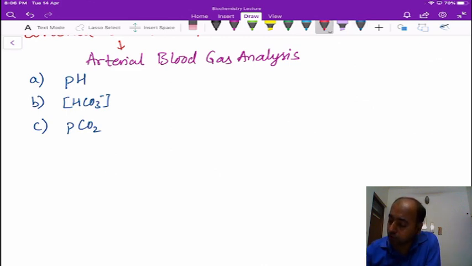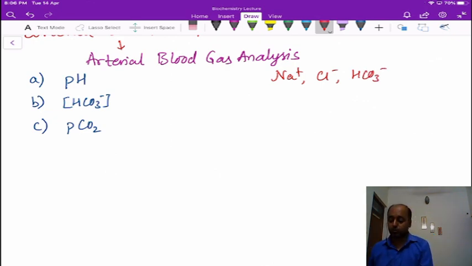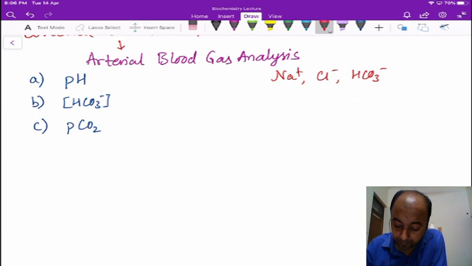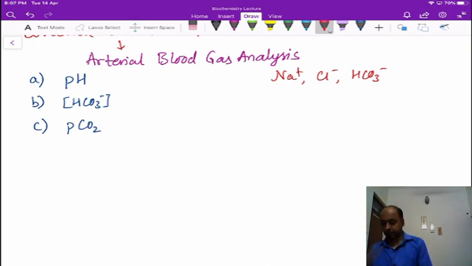The result will also give you the values of sodium, chloride, and bicarbonate. The pH will help us to determine the defect.